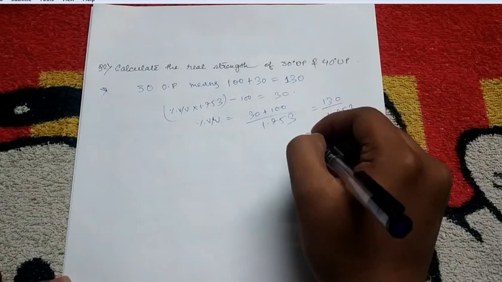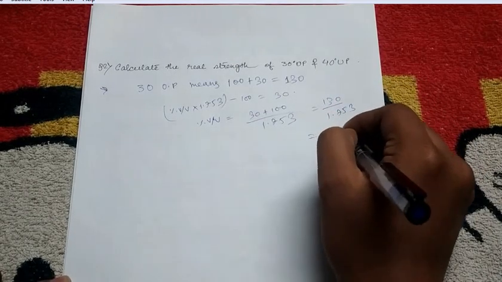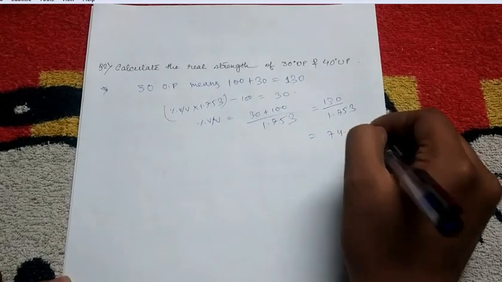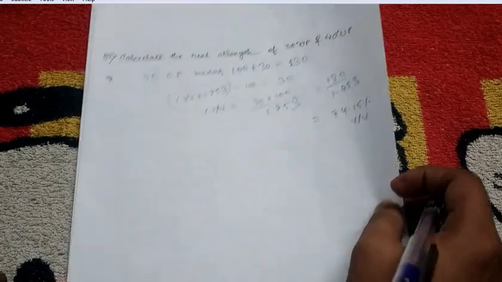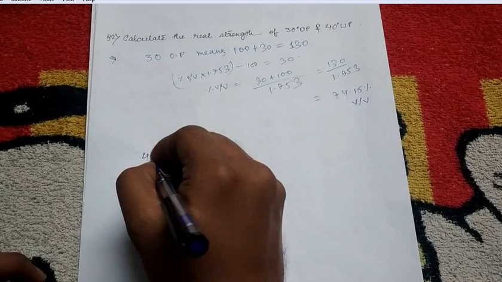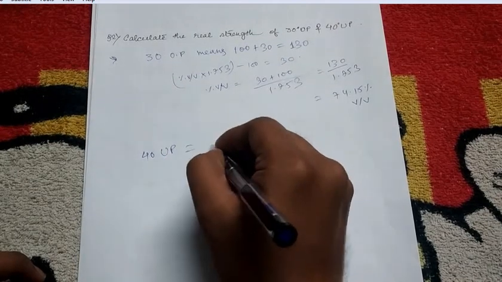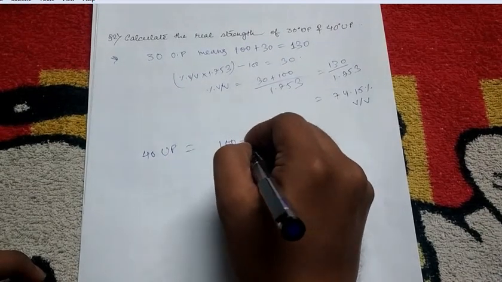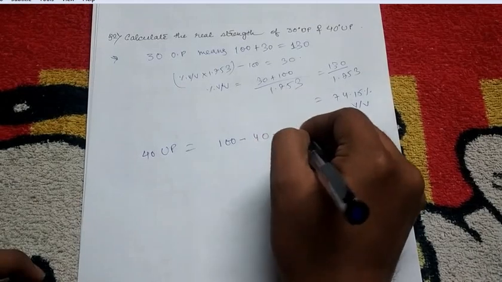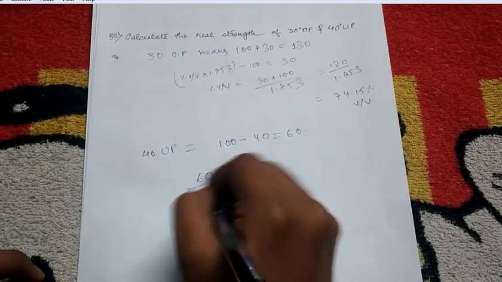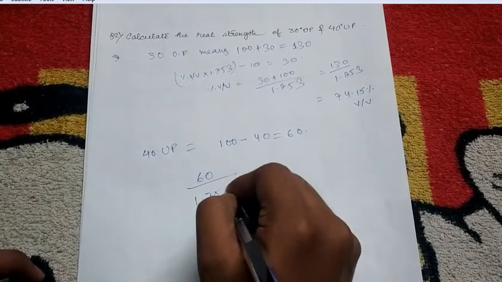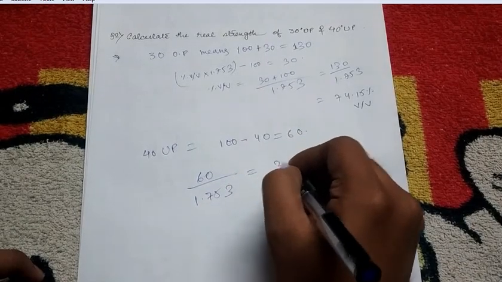We get 74.15% V by V, and for 40 underproof, it means 100 minus 40, that is 60. So 60 divided by 1.753, we get 34.23% V by V.